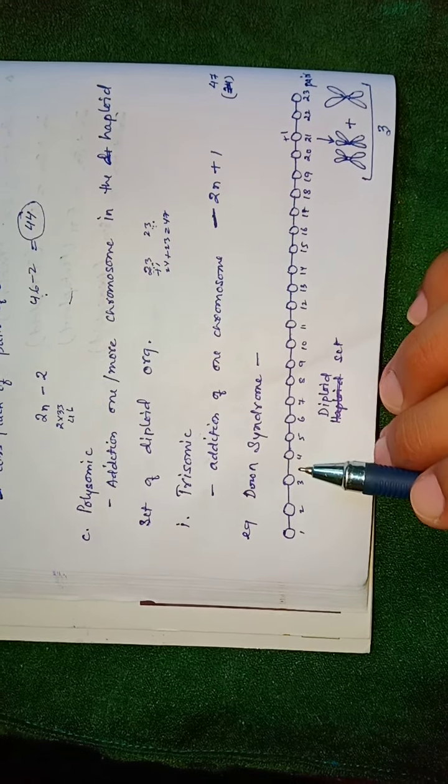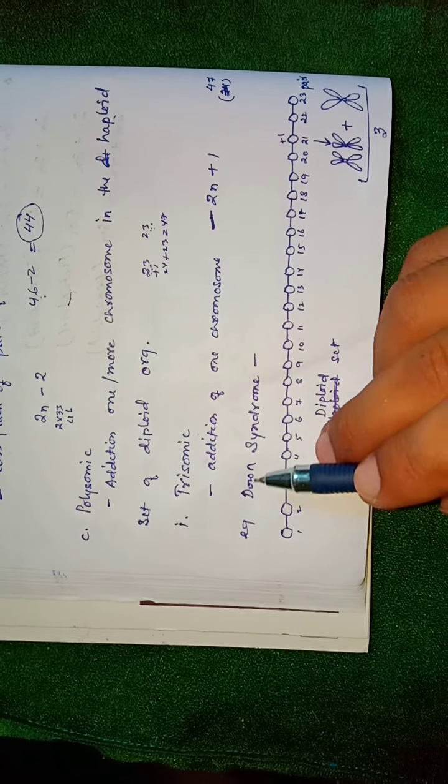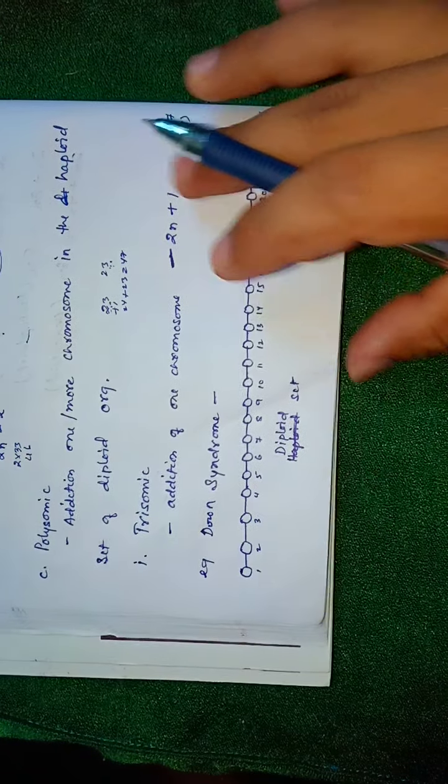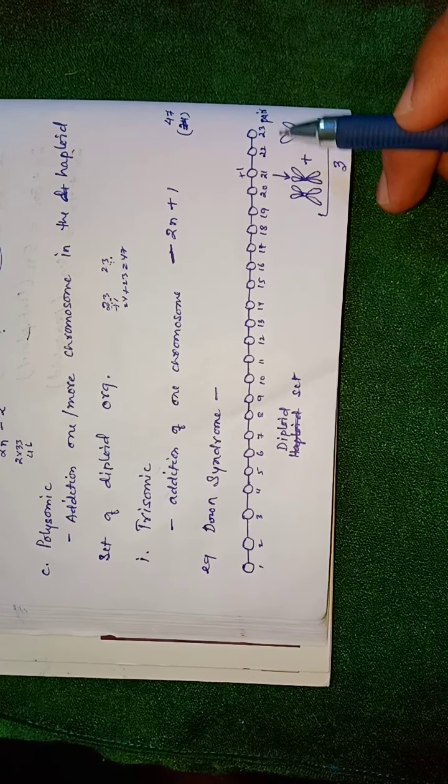Now the example, some of the disorder related to this trisomic is Down syndrome. In Down syndrome, this is the diploid set of chromosome. That means 23 pair.